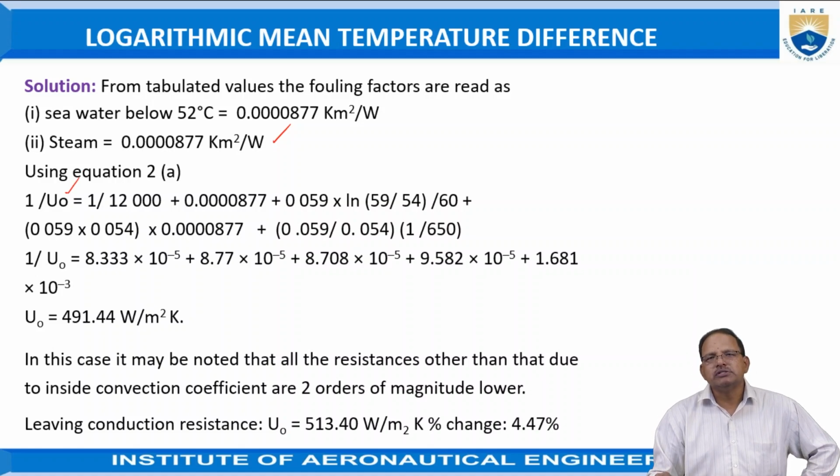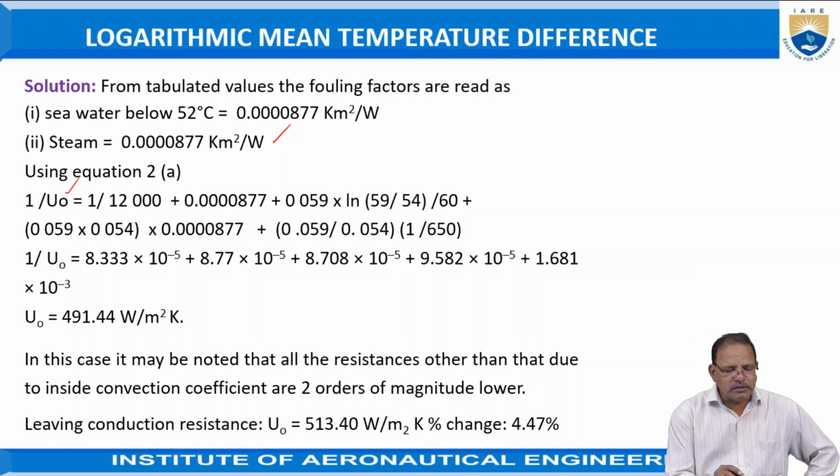Using the equations here, the overall heat resistance 1 by U naught is equal to the sum of the resistance offered by the first convection process, the fouling factor, the conduction process, afterwards again the fouling resistance and the convection process.